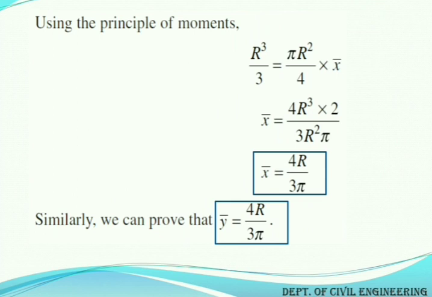Then we took a semicircle; depending on its orientation, it will be symmetrical about either the x-axis or the y-axis. In the third case, we have taken a quarter circle, which, taken in any quarter, won't be symmetrical about any axis. That means you need to find both x bar as well as y bar. So in this derivation it is important to write the step: similarly, we can prove y bar is equal to 4r by 3 pi.